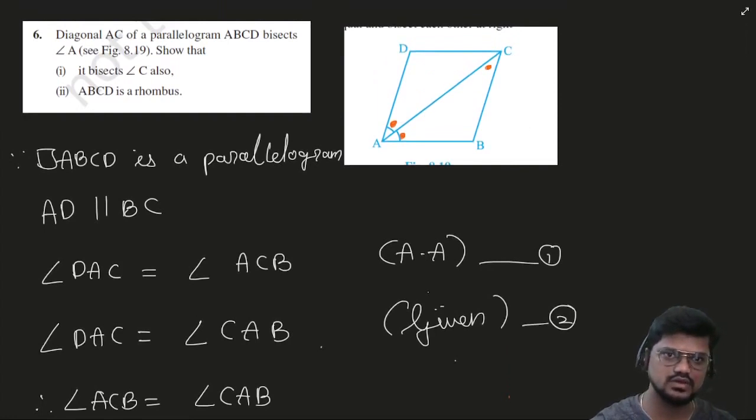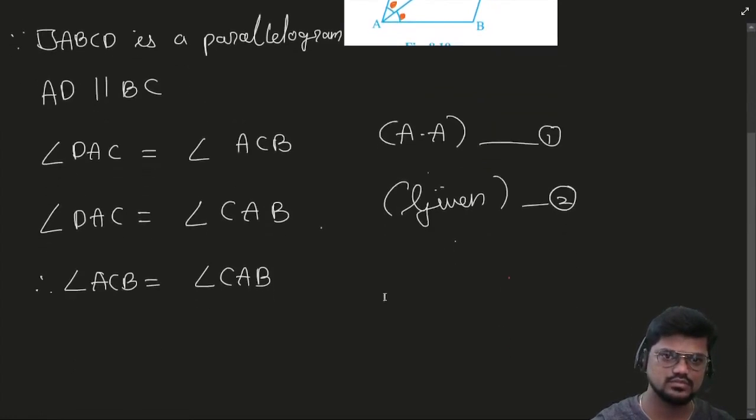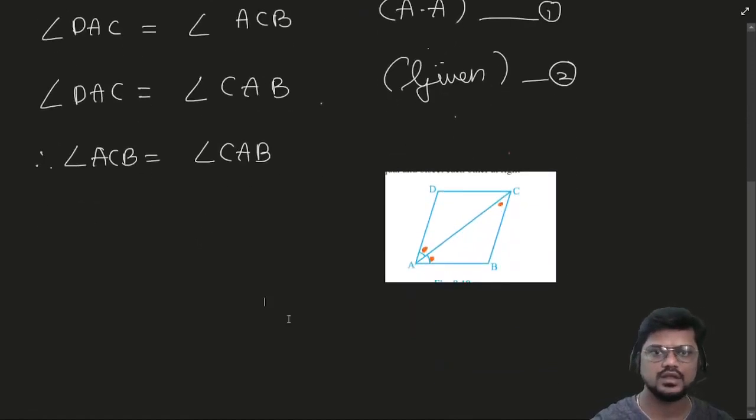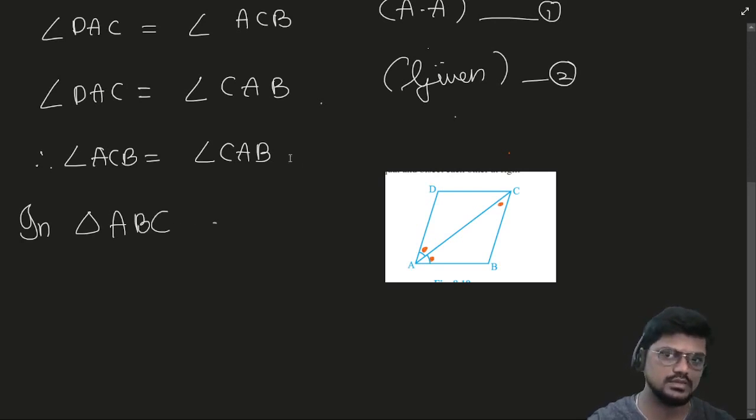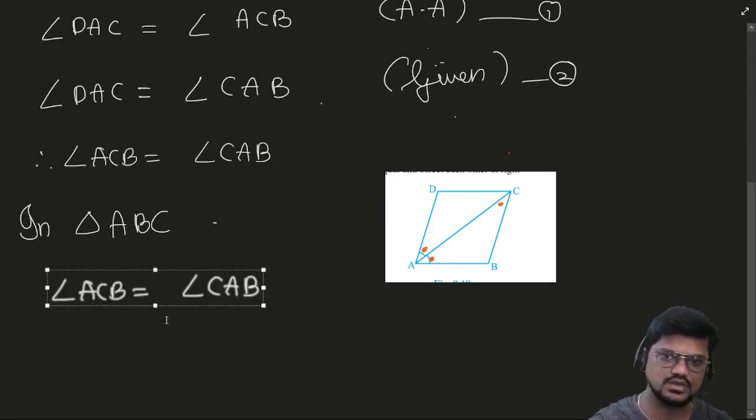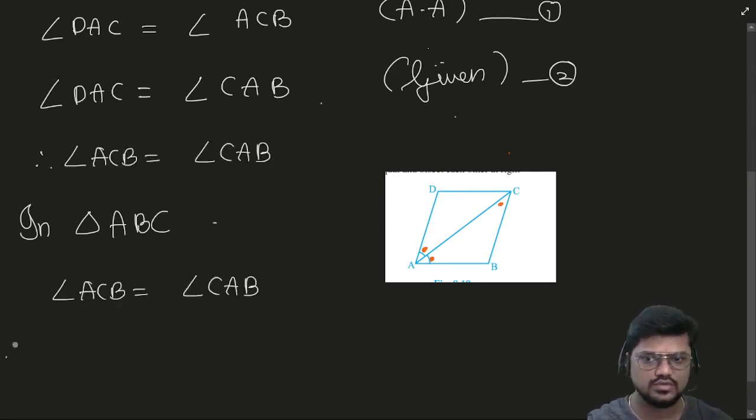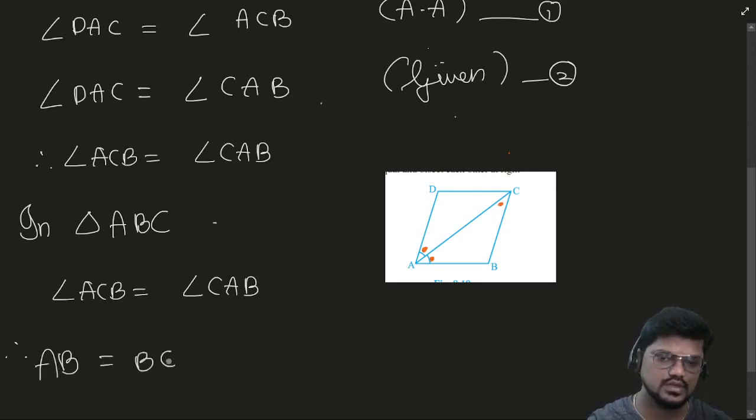I'll take the diagram over here. Now if this angle is equal to this angle, so in triangle ABC, angle ACB is equal to angle CAB. Therefore, AB is equal to BC. Yes or no?